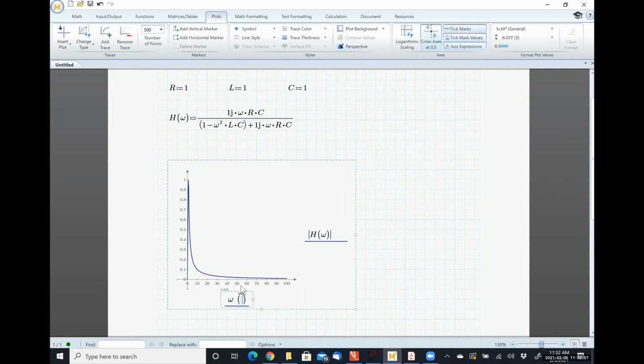So while I have my x-axis selected, I'm going to click the logarithmic scaling button. And now we can see our bandpass filter response. It's not as pretty as LTspice's because I don't know how to force it to put 1,000 points per decade like I do in LTspice. I'm sure there's a way to do it. But this is just a quick and dirty way to verify some things.